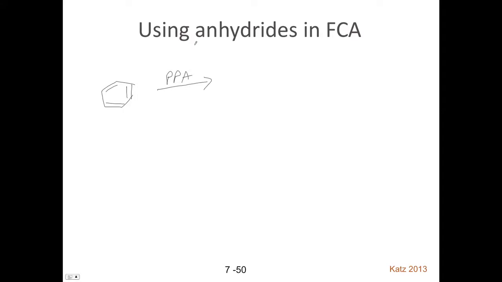I don't think your book actually has this as a thing. I gotta double check it one more time, but I don't think they use it. But PPA is polyphosphoric acid. It's a crazy strong acid. And this guy here is your acetic acid. PPA is just one acid that you can use. I'll try and get some alternative acids for you as well. I don't know if you can do this by Lewis acid. I don't believe you can though.